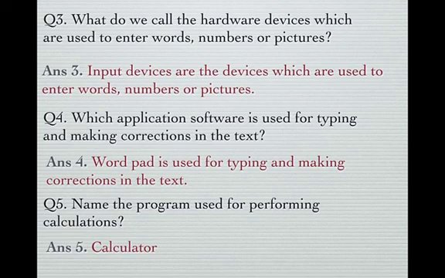Now system software is very important part of a computer. If system software is not there, then you cannot work any application software. Okay, if I don't have my operating system, I cannot work with WordPad or MS Paint or calculator. So this is the chapter 2. What is hardware and software? What are the different input, output and storage devices and types of software?